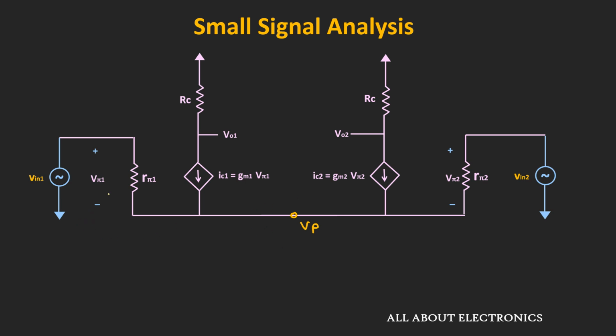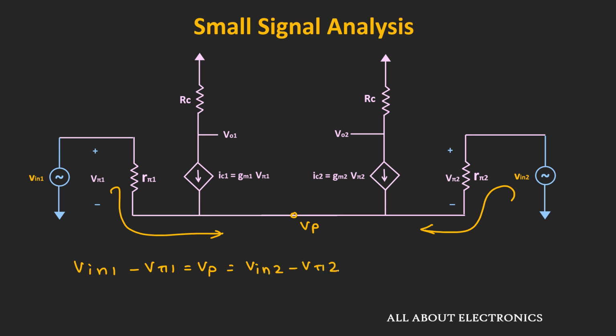So if we apply the KVL in this particular loop, then we can write voltage Vin1 minus Vpi1 is equal to Vp. Similarly, if we apply the KVL in this particular loop, then we can say that Vp is equal to Vin2 minus Vpi2.